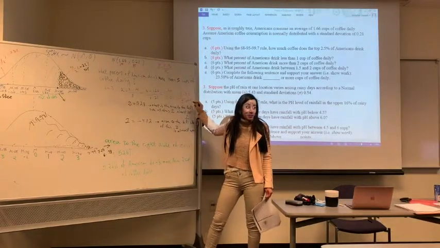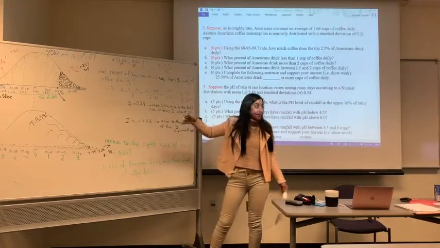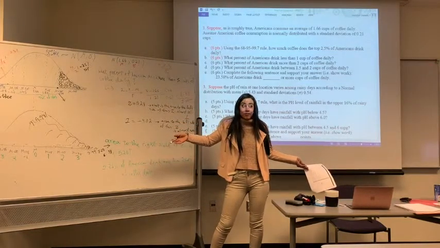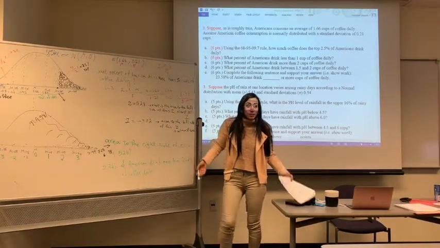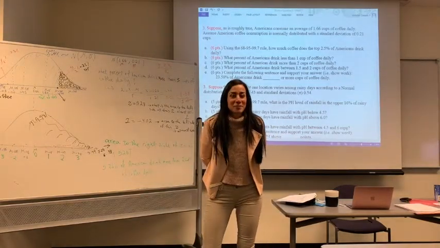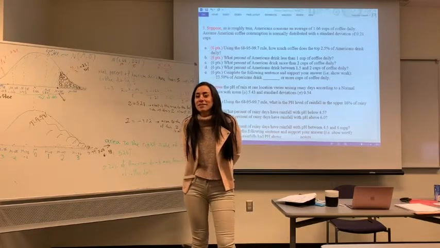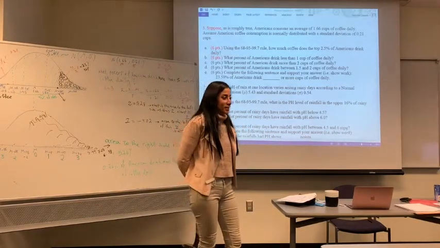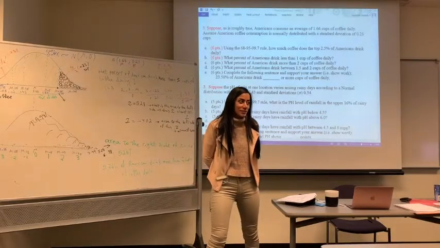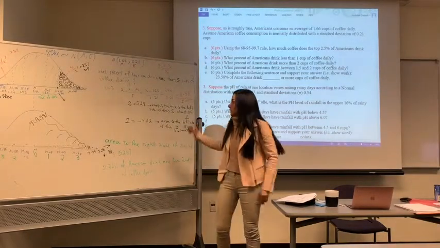So what is the area to the right side then? It's almost 0, right? Do you understand that? So what is the answer? Almost 0% of Americans drink more than 3 cups of coffee daily. Do you understand this? Are you sure? No? Okay, so again.